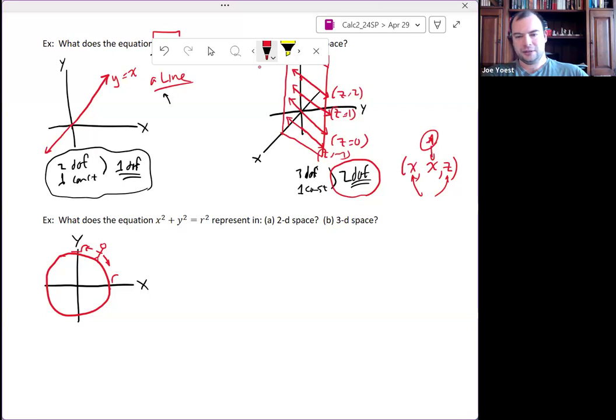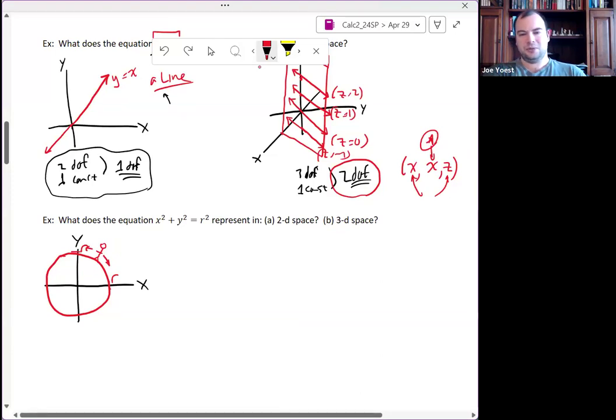You can't go this way. You can't go that way. So this is one-dimensional. If you're standing at a point, you can only go left or right. You can't go forward and backwards. That would take you off of the circle. So this curve is a one-dimensional object.